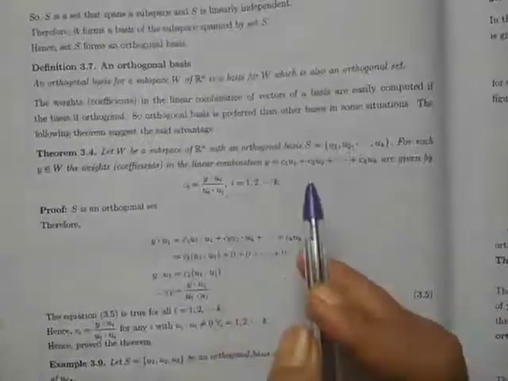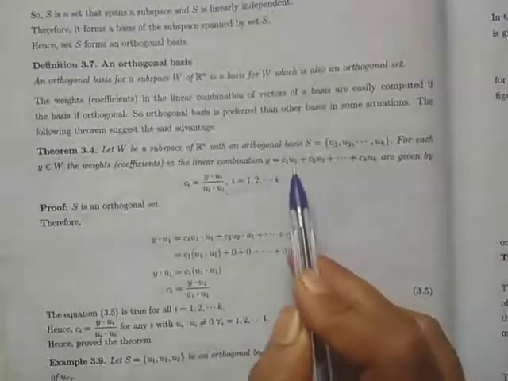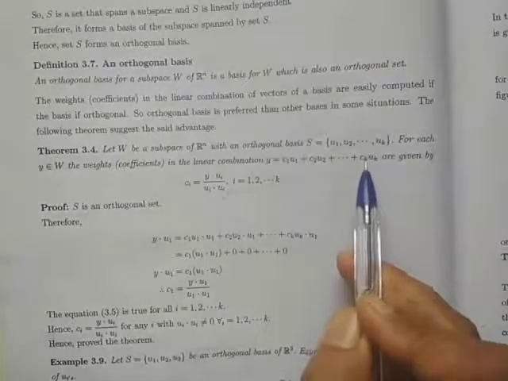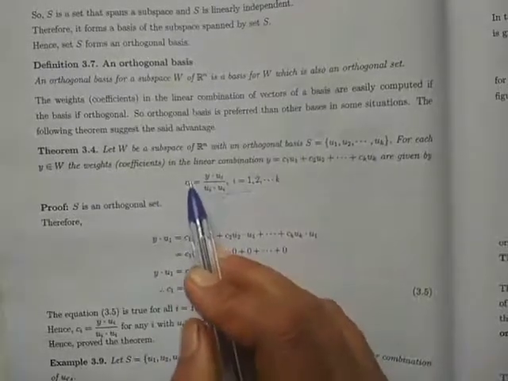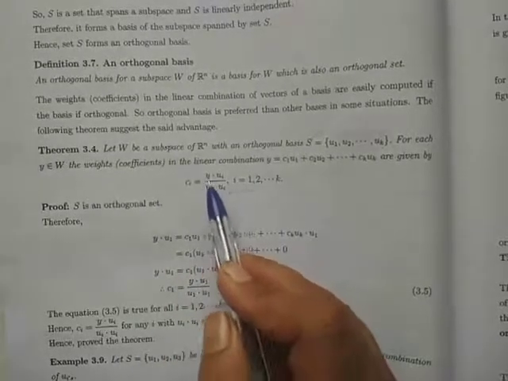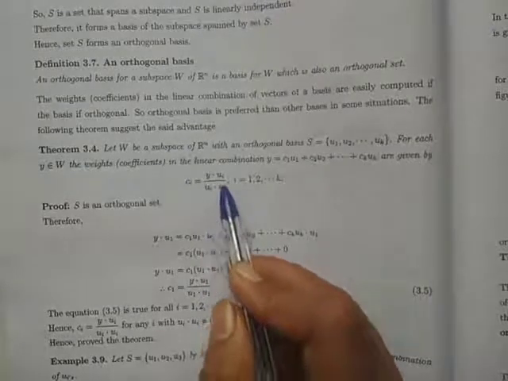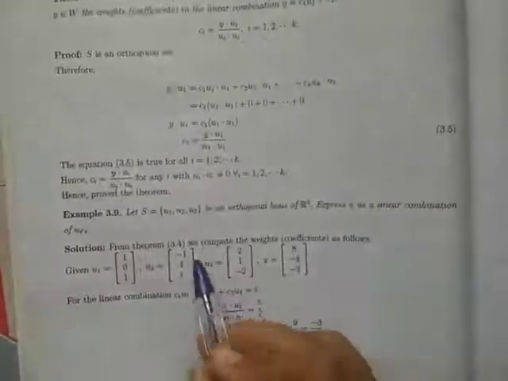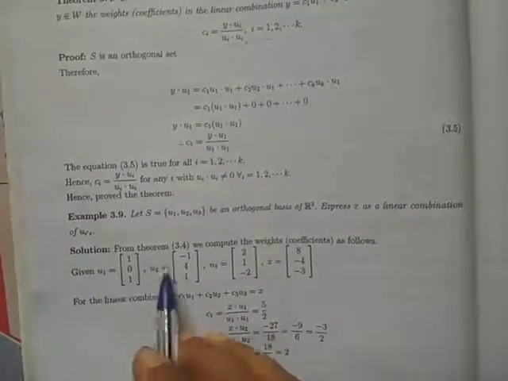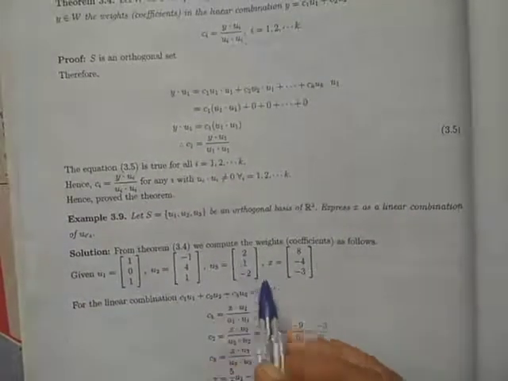Compare with this theorem. Here y is a linear combination of u1, u2 and so on up to uk, and the formula for ci is y dot ui upon ui dot ui. Here u1 is this, u2 is this, u3 is this and x is this.